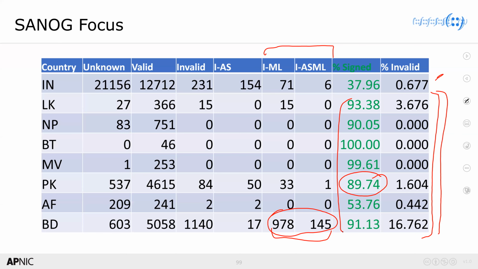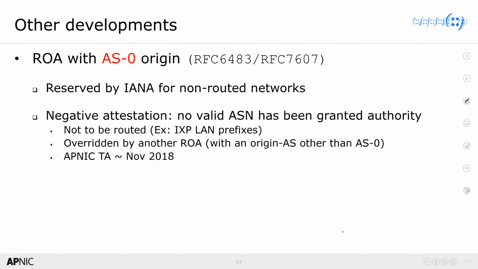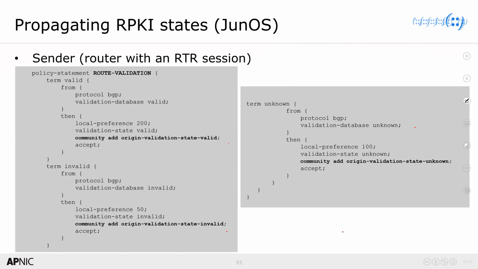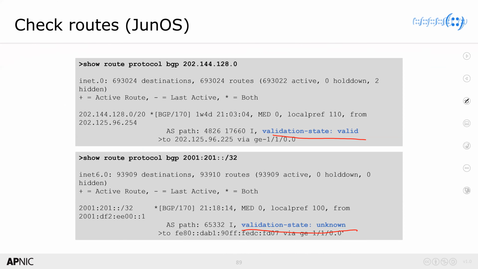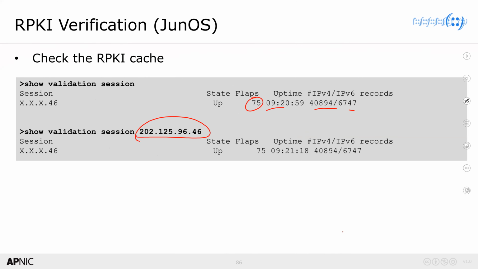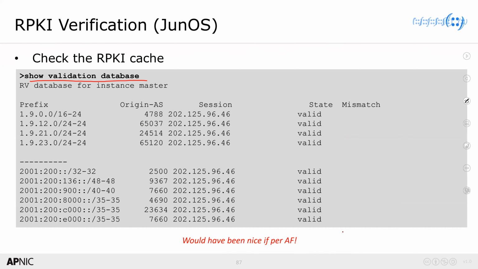Anybody unclear about the actual process we go through for actually signing our ROAs? Absolutely anything here that is not clear. The signing part's the easy bit. The validation bit, if you're doing the labs with me tomorrow, you'll see that is also quite easy.